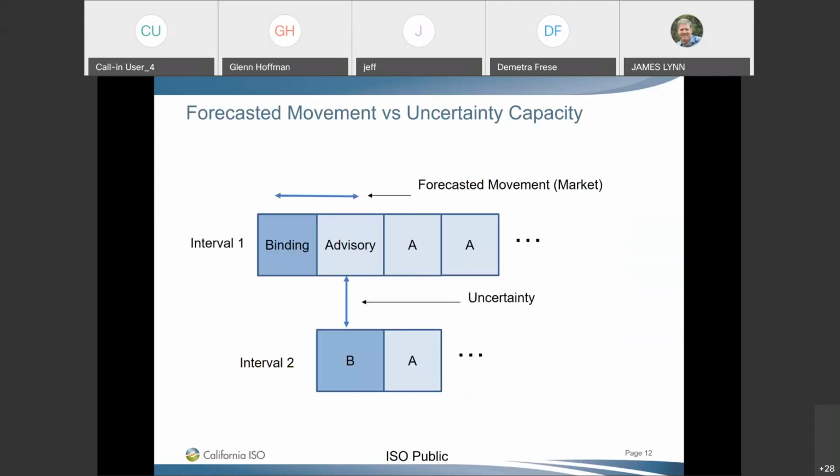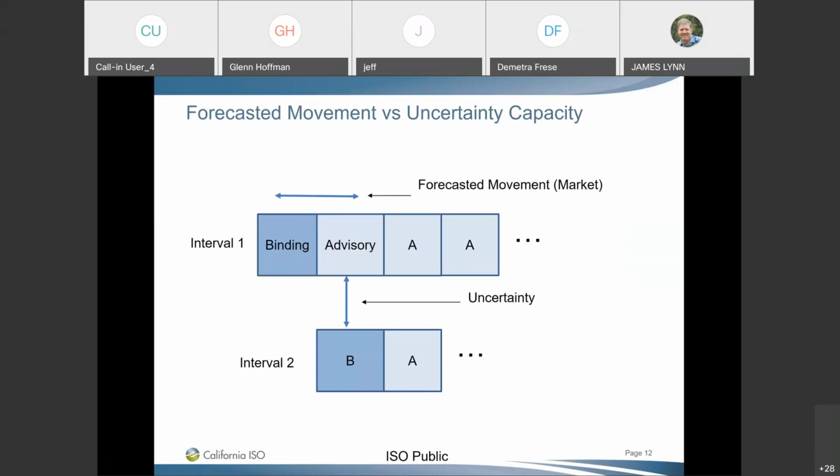Okay, so I was trying to go into a little bit what forecast movement is versus uncertainty capacity. Now, I did a little bit at a high level, but in essence, forecasted movement, which is charge code 7070, is going to be payment or charges of the energy that is going from your binding to your advisory interval.